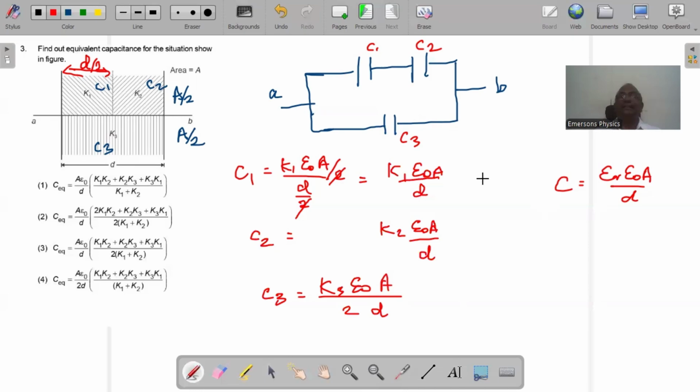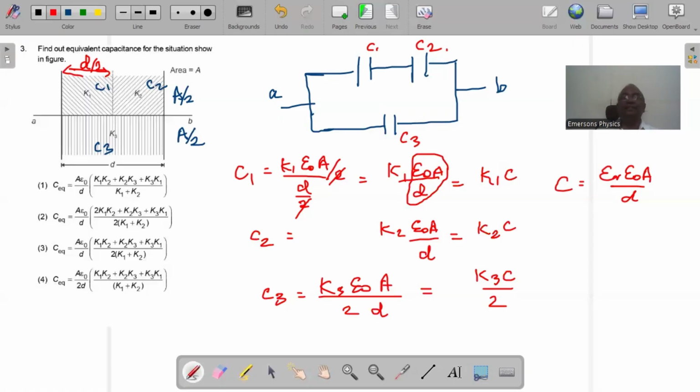Let us consider epsilon naught A by D as C. So this is K1 C, this is K2 C, and this is K3 C by 2. These two are in series.